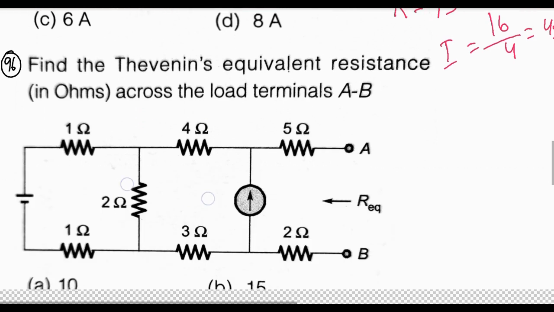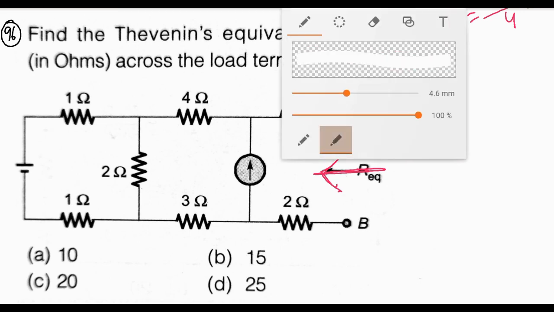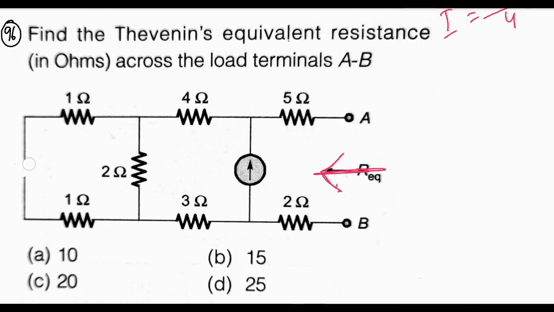Next question, find the Thevenin's equivalent resistance across the load terminal AB. So here we have to calculate the Thevenin equivalent resistance. During Thevenin equivalent questions, we have to short the voltage sources and open the current sources for ideal sources. So I am shorting the voltage source and opening the current source.